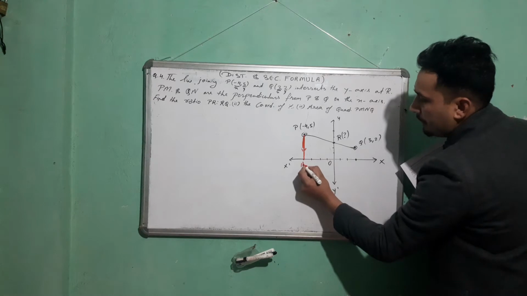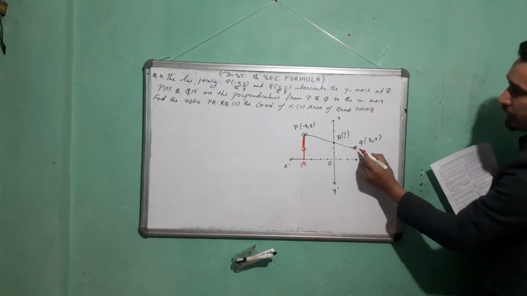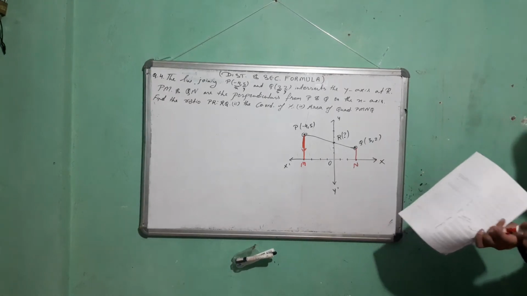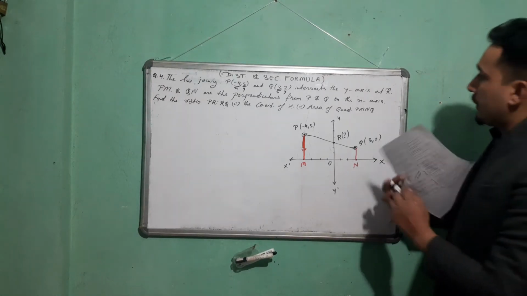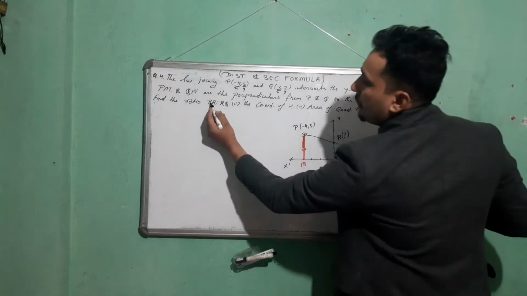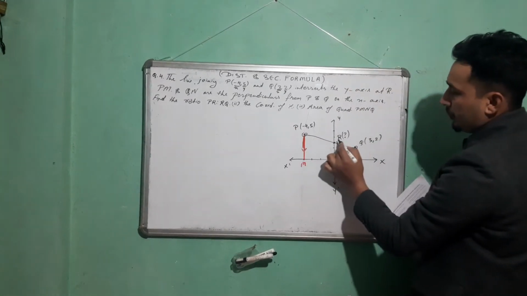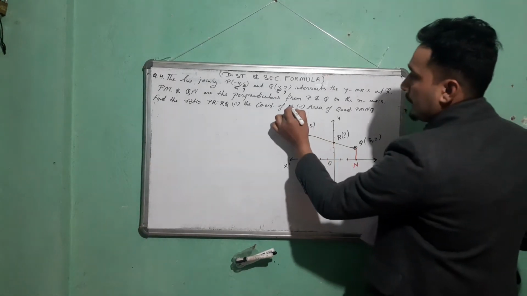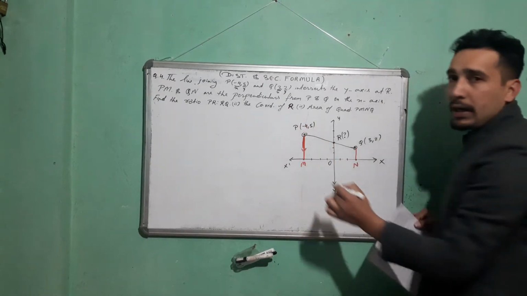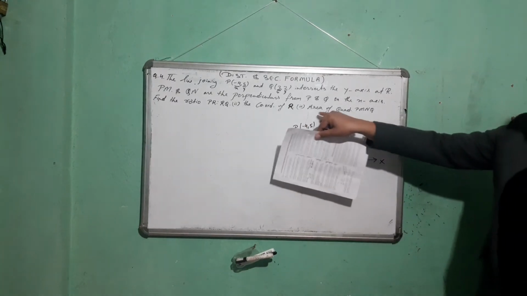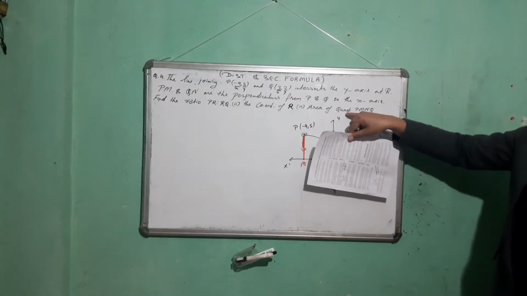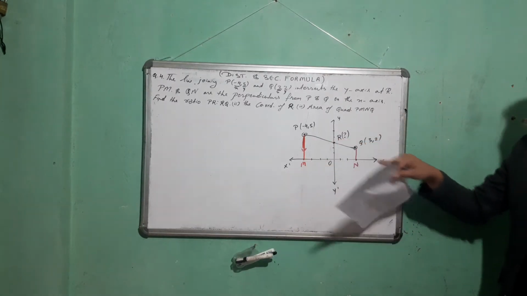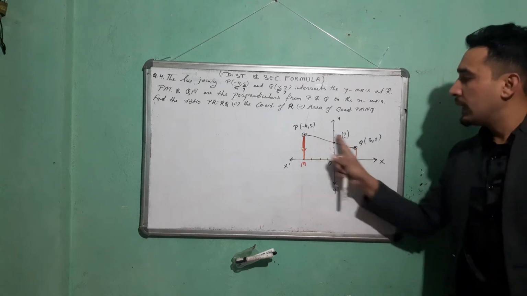This is M, PM, and from Q a perpendicular is dropped and this is N. Find the ratio PR is to QR, and the coordinates of R. And next is the area of quadrilateral PMNQ. We have to find the area of this figure.